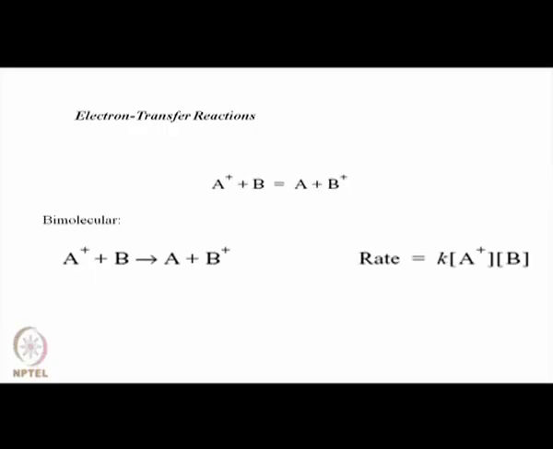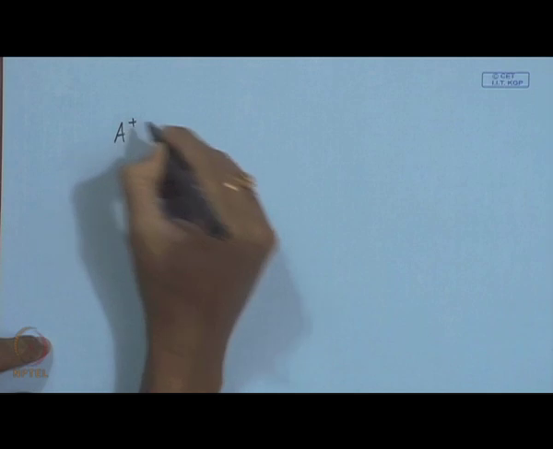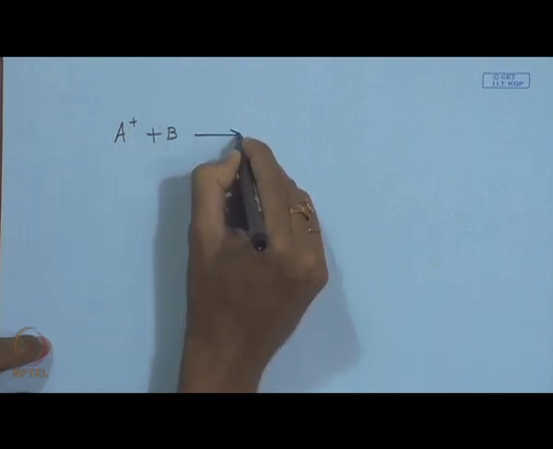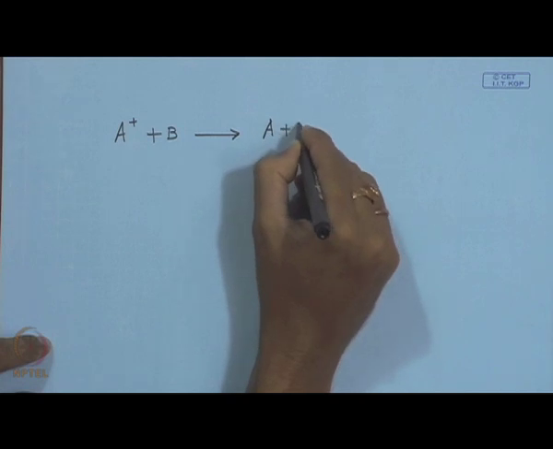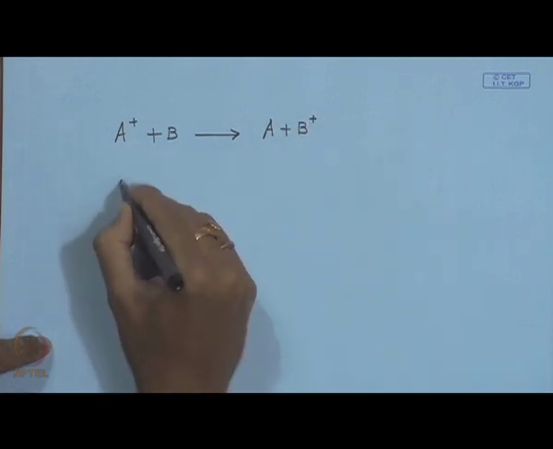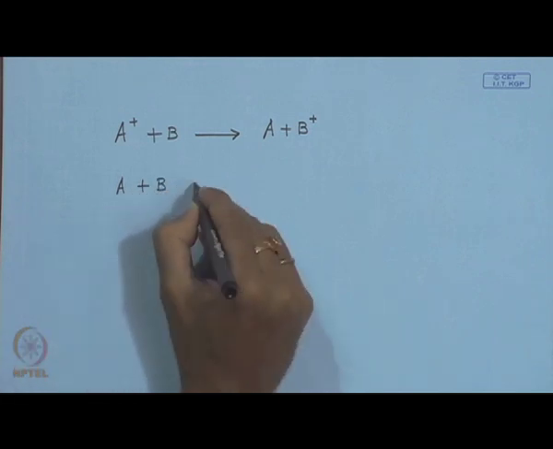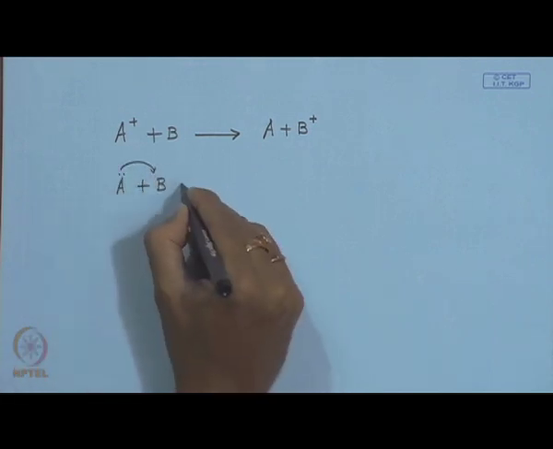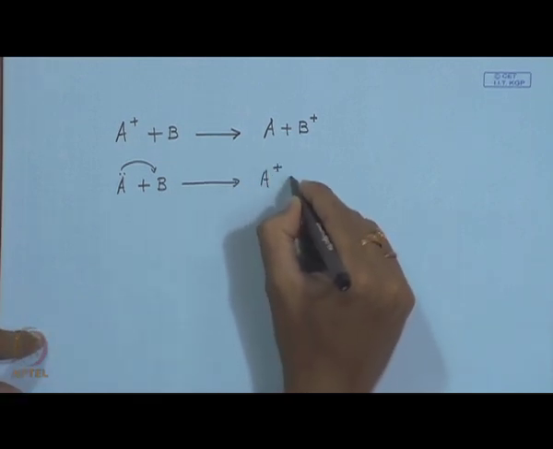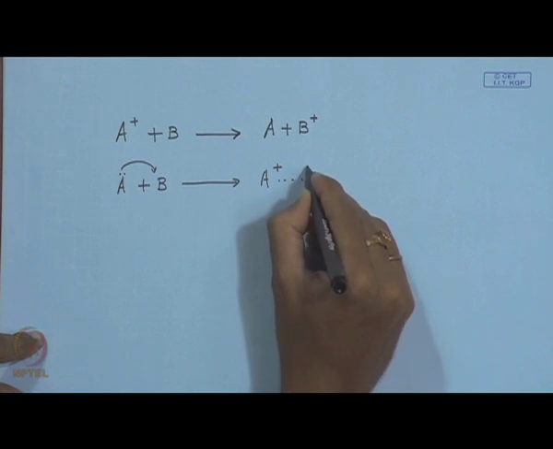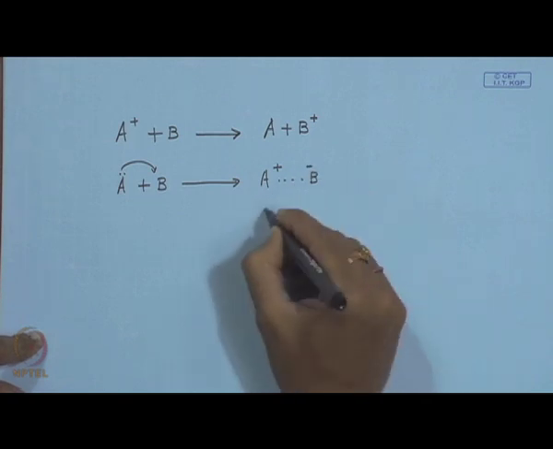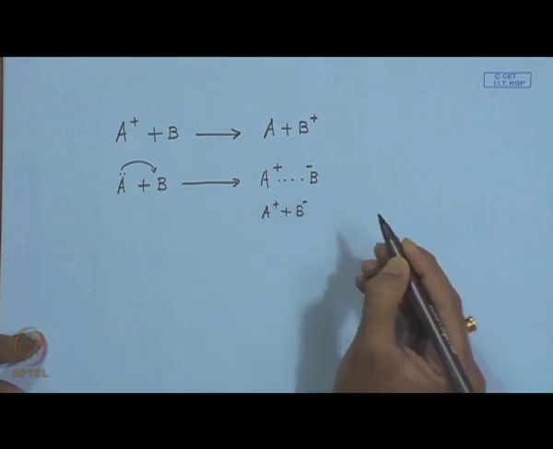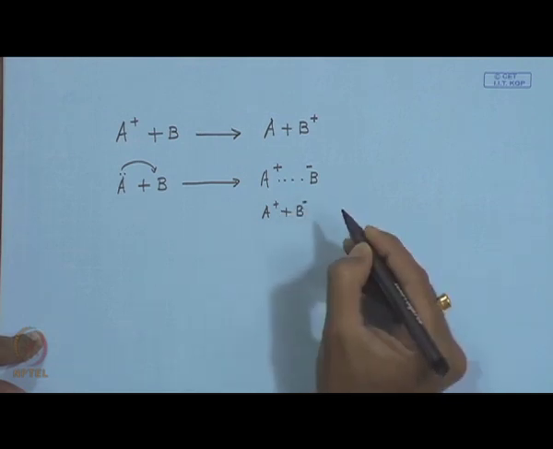A typical reaction scheme for electron transfer is like this: A+ plus B, giving rise to A plus B+, or say A plus B-, with the electron transferred from one to the other.